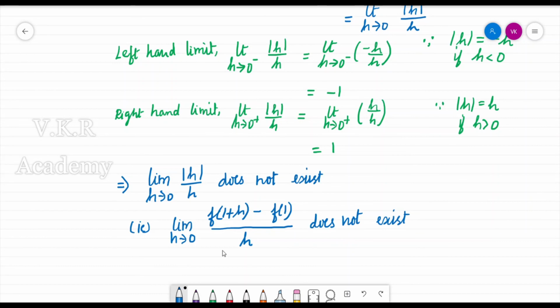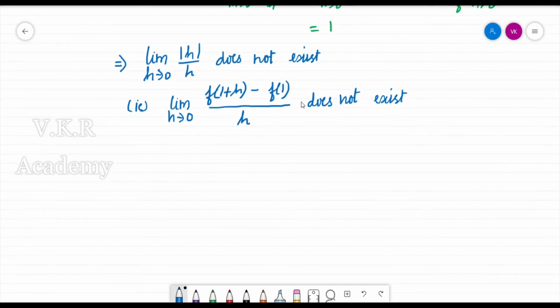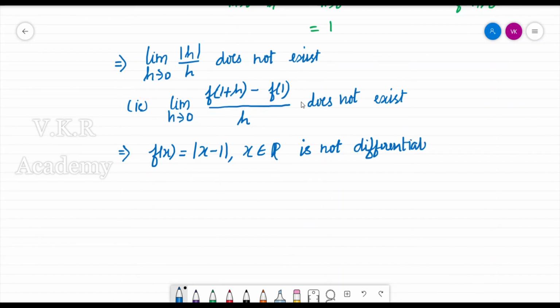Hence, f of x is equal to mod x minus 1, where the domain of f is the set of all real numbers, is not differentiable at x is equal to 1.